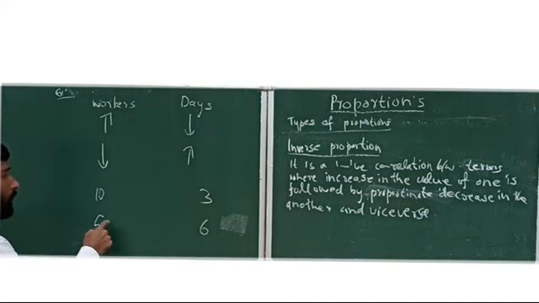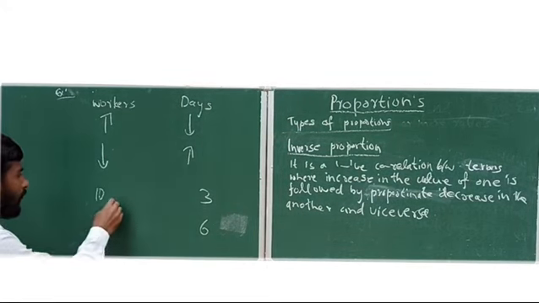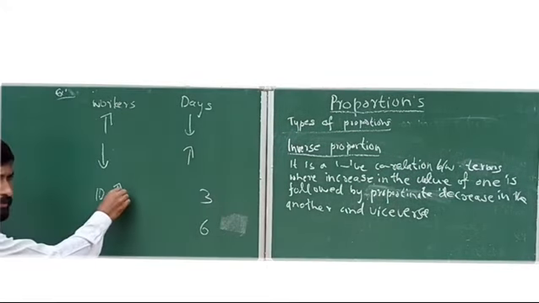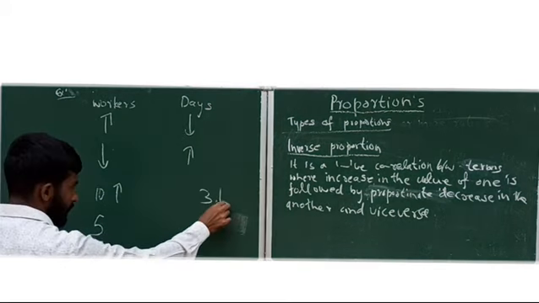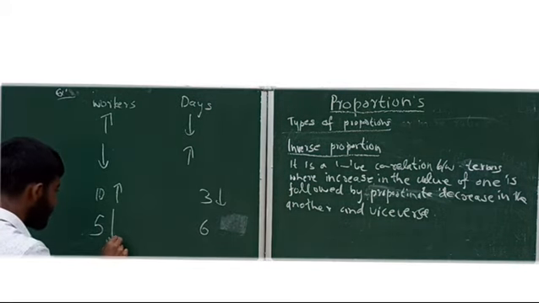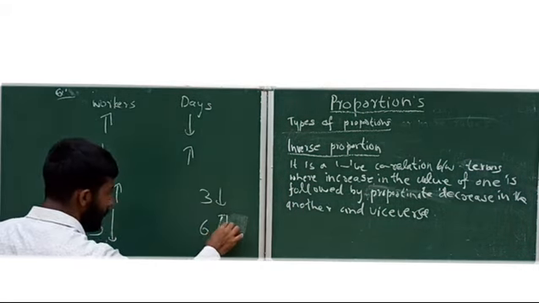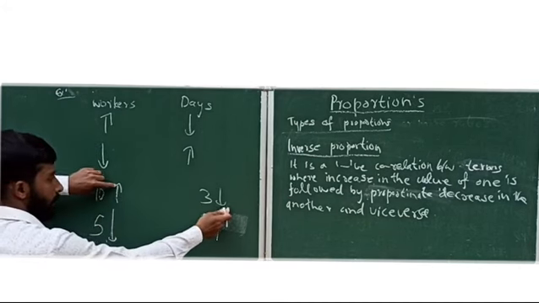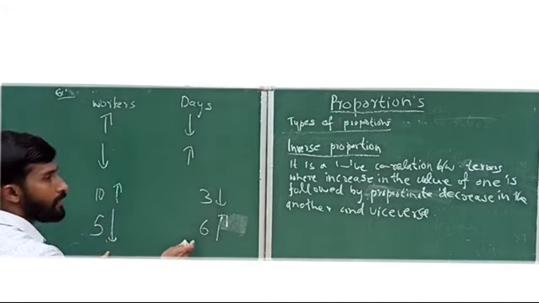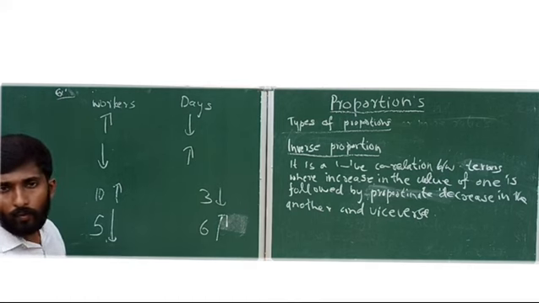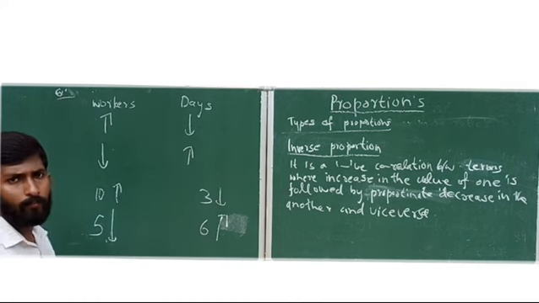Now see, here you can see the inverse proportion. As workers increases, days decreases. If workers decreases, then the number of days increases. Increases, decreases. Decreases, increases. Here you can see the negative correlation. Such types of proportions are called inverse proportion.